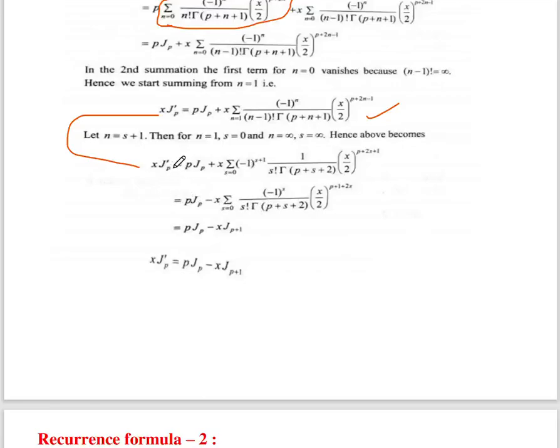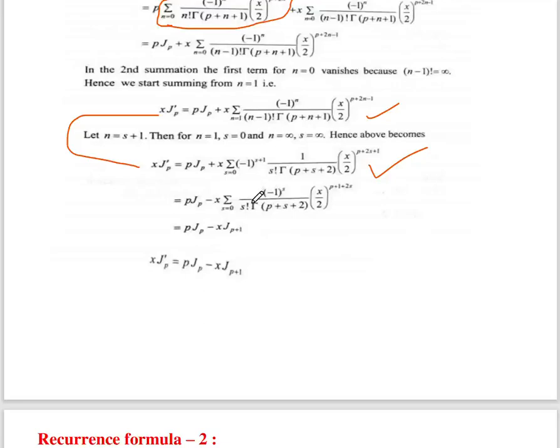So x J'p equals p Jp plus x times the summation s equal to 0 to infinity, with minus 1 to the power s plus 1, and n minus 1 becomes s factorial. So this can be written as gamma of p plus s plus 2 and x by 2 to the power p plus 2s plus 1. In this way we can write the term.